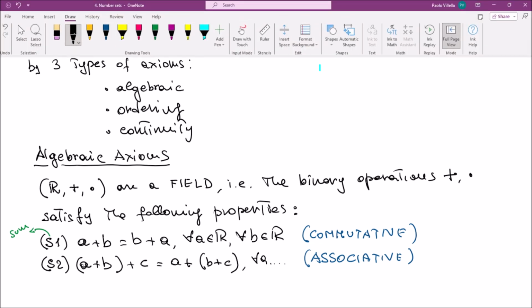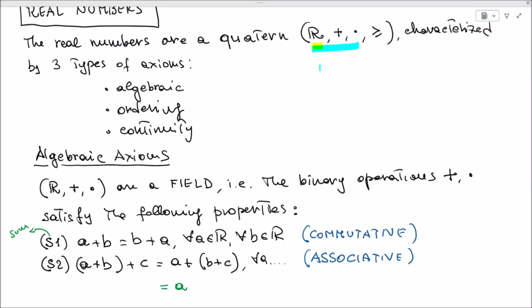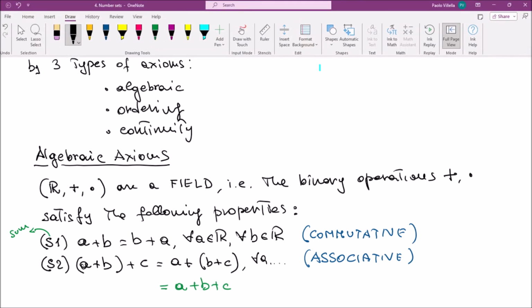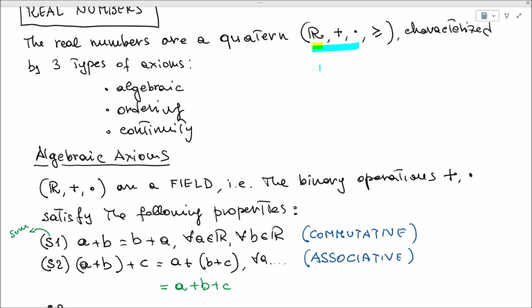As a result of this, we can also just write a plus b plus c, as it doesn't make any difference if we do the sum of a plus b first and then sum c, or if we do b plus c first and then sum with a.